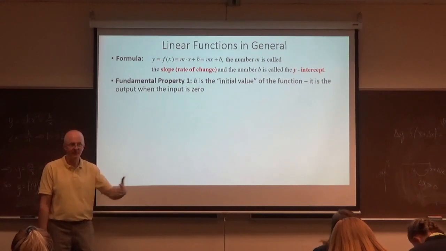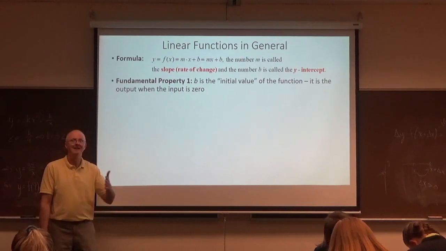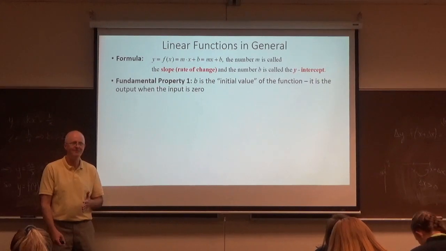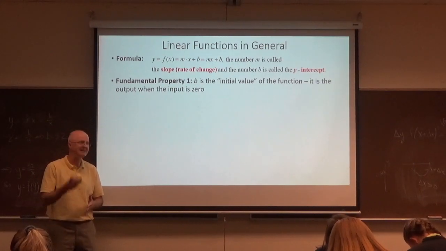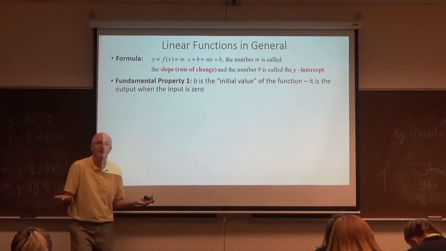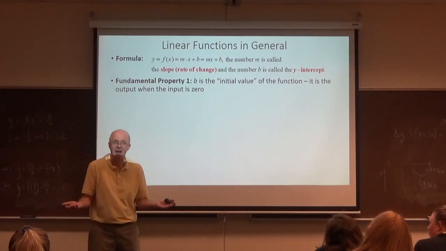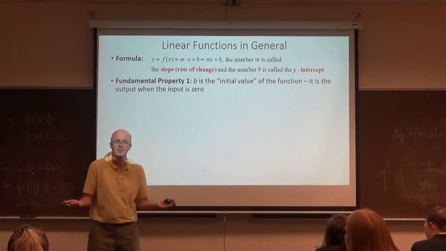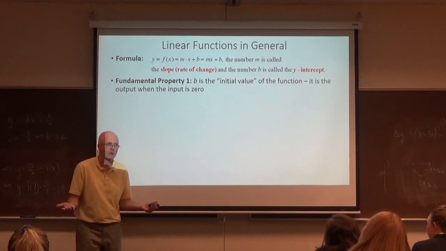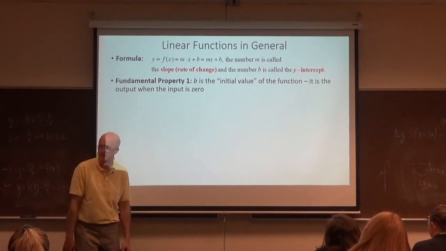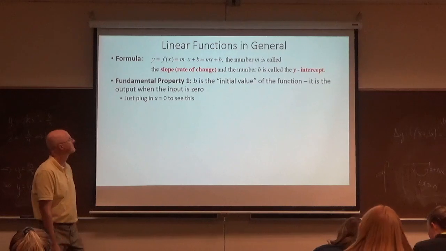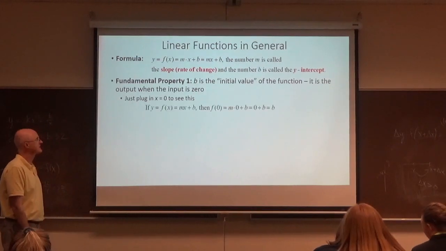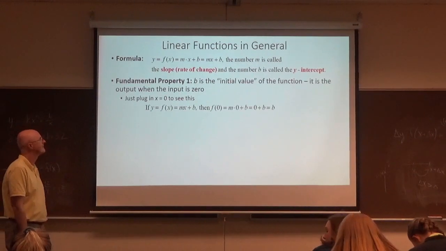If x is the number of widgets you make, x equals 0 means making 0 widgets, you might still have a cost, because you still own a building, for example, the factory. So that would be the initial cost when you make 0 widgets, though there's not a time factor involved. Just plug in x equal to 0 to see this. There you go.